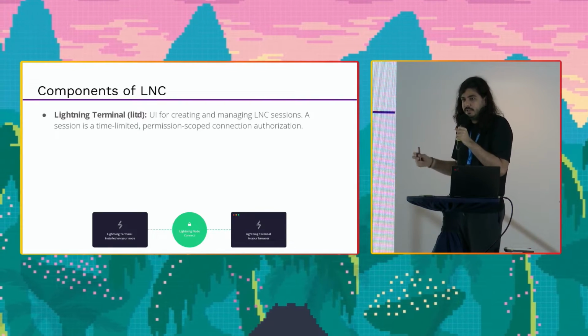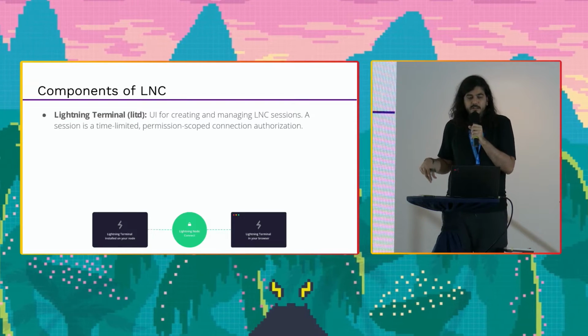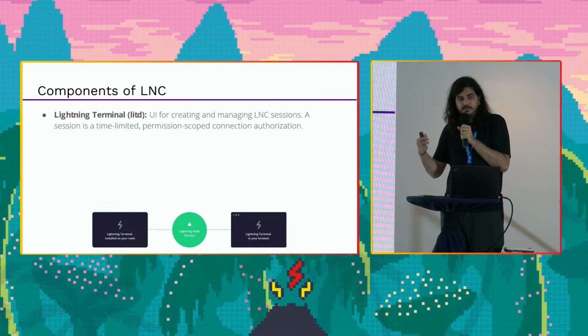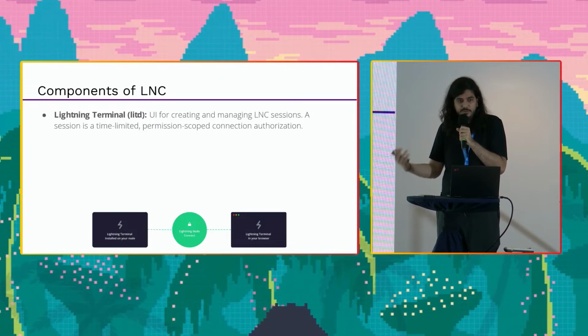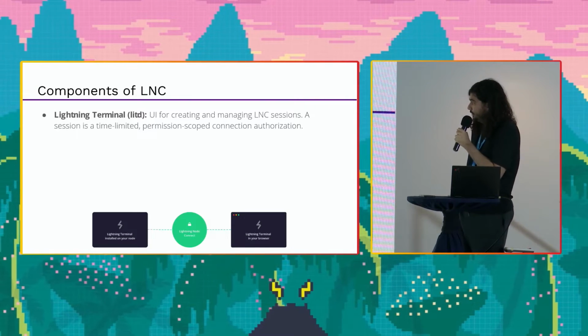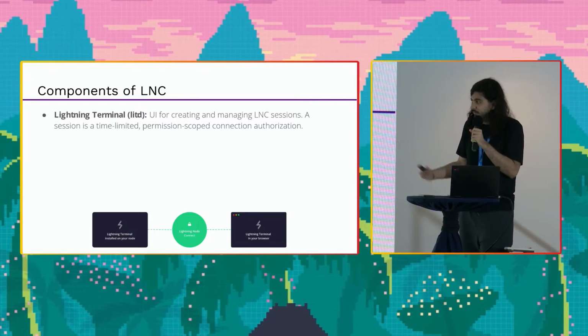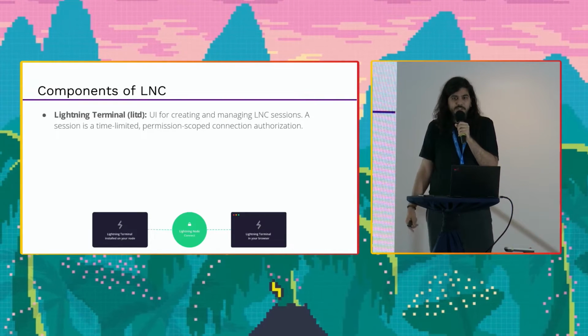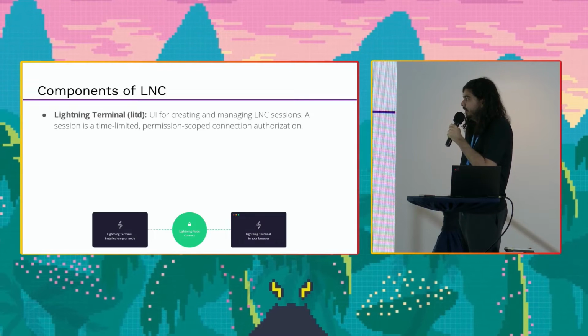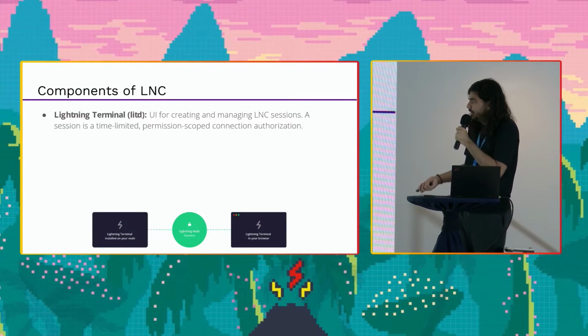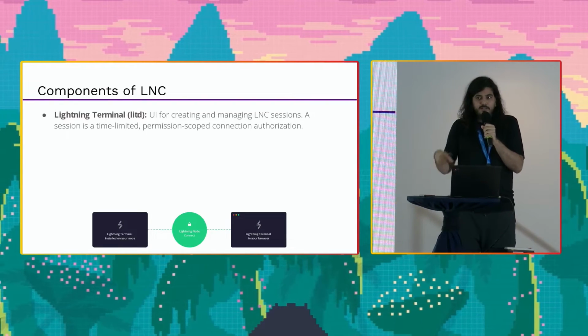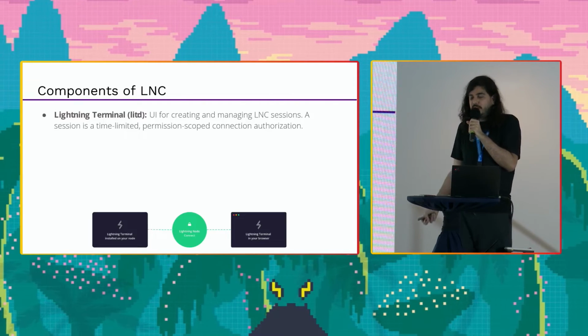So the Lightning Node Connect lives in the litd daemon, which is a bundle of LND, Loop, Pool, Aperture, and LNC. So Lightning Terminal litd is where you create these LNC sessions, which is a way for you to then authorize these applications and websites to connect to your node.